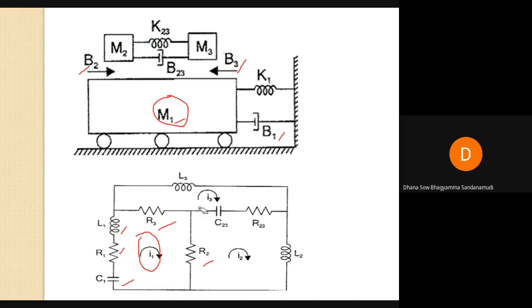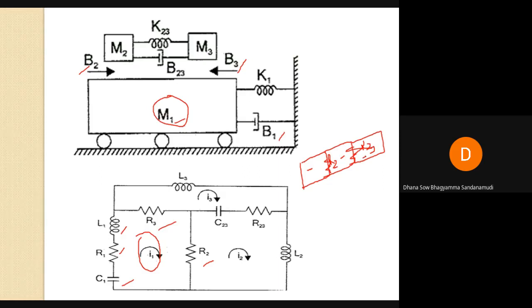Whenever we want to draw a 3-loop system, what comes to our mind is that we will draw it in this way, isn't it? But if you observe, if this is R2 and this is R3, R2 is common to loop 1 and loop 2, but R3 is common to loop 2 and loop 3, isn't it?